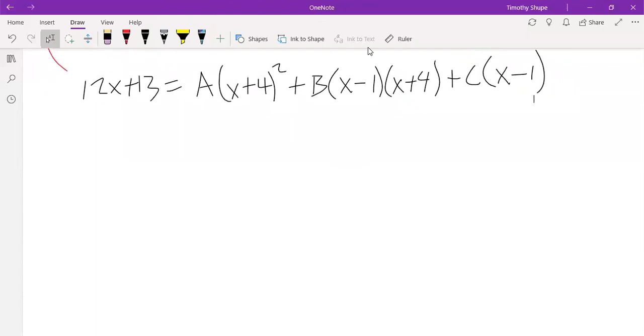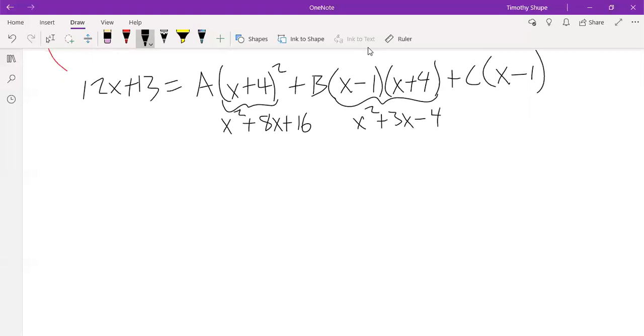So now I've got a lot of multiplying out to do. This piece to start with would actually be x squared plus 8x plus 16. This piece here would be x squared plus 3x minus 4. I do that just so I can multiply the A and the B by everything within those terms.